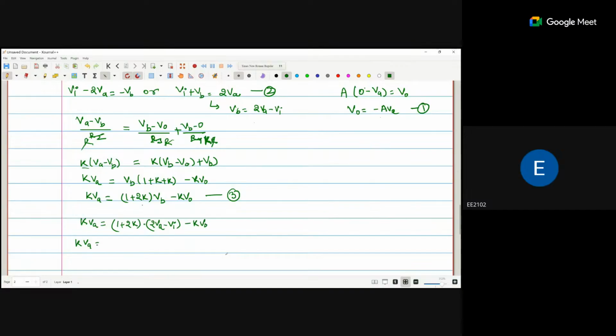Okay, K times VA is equal to 2 times (1 plus 2K) times VA minus (1 plus 2K) times VI minus K V naught.